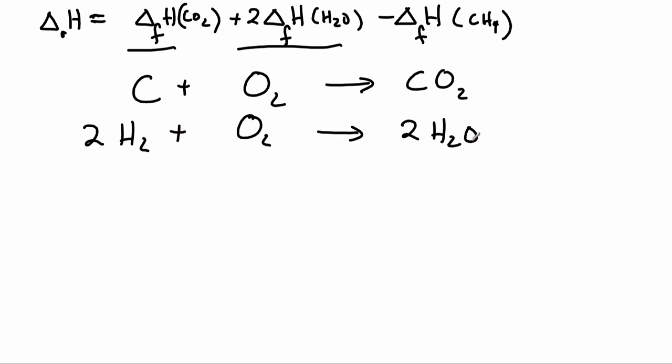Okay, so notice that this is not the heat of formation of water, it's twice the heat of formation of water reaction. And then we need to have a negative of the heat of formation reaction for methane. So instead of methane being formed, we write the reverse reaction. So we start off with methane over here and go to the elements over here.